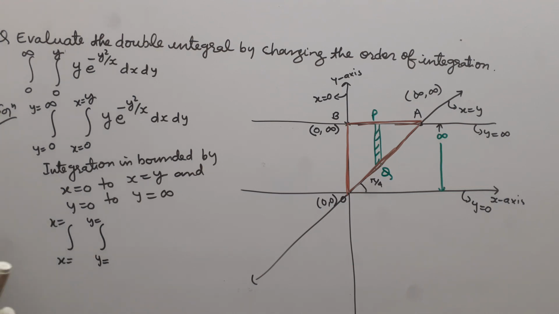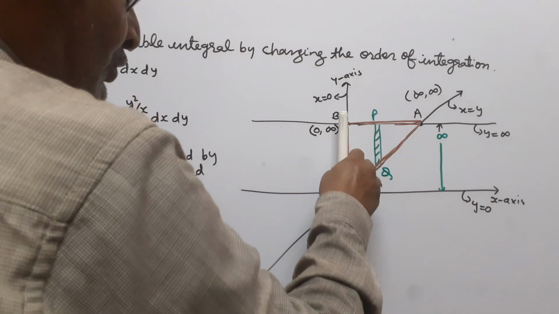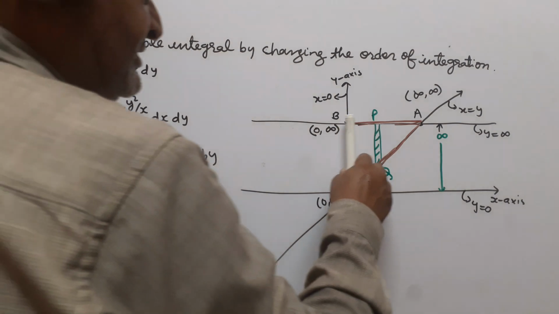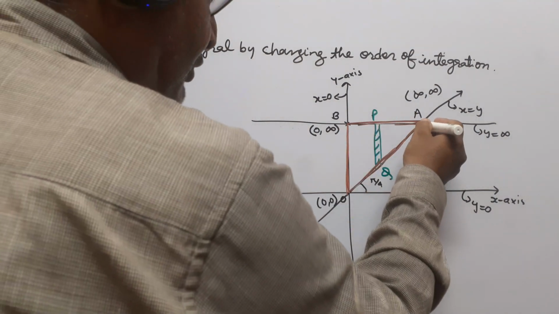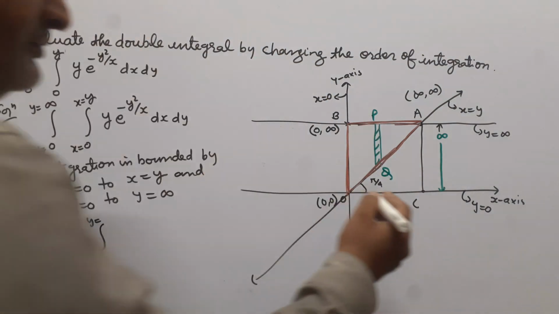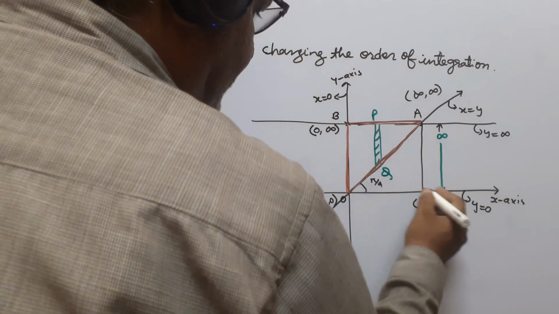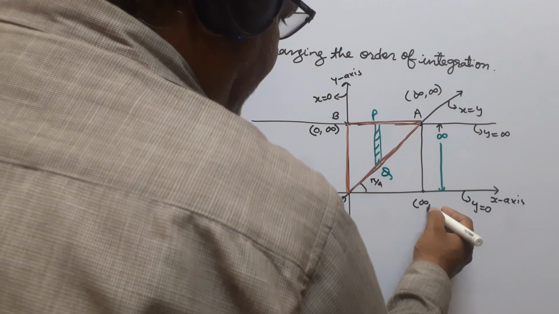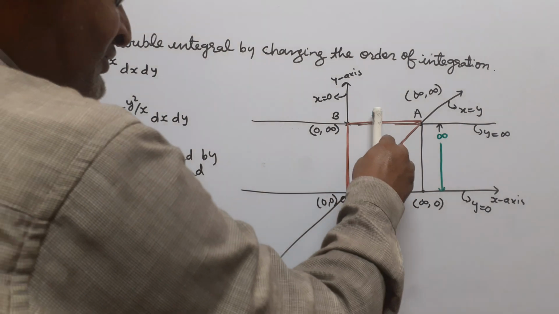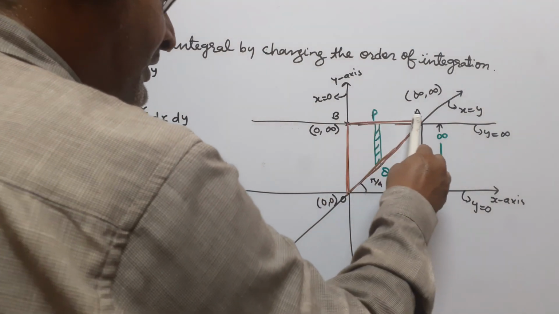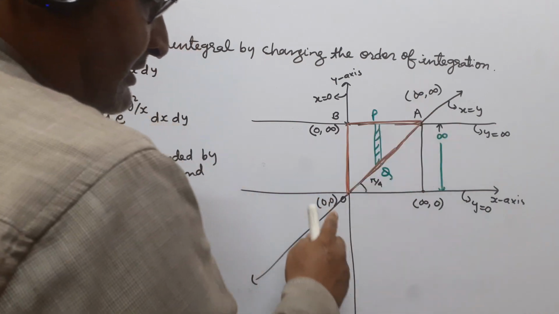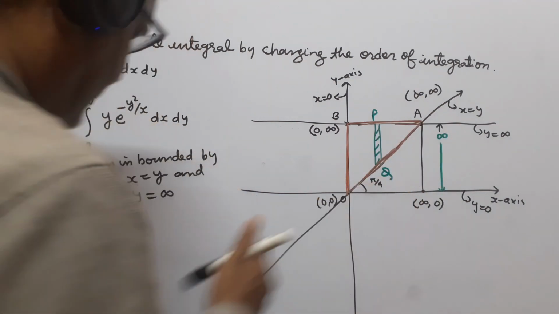When this PQ strip goes from OB to point A, it covers the distance along the x axis from 0 to infinity, at the point (infinity, 0).